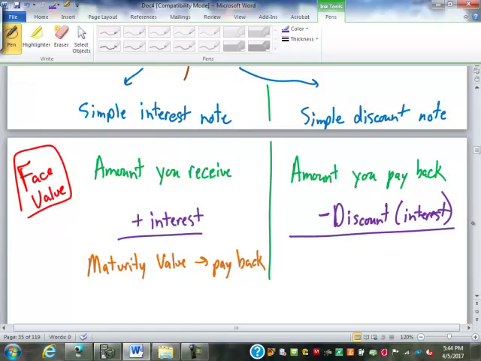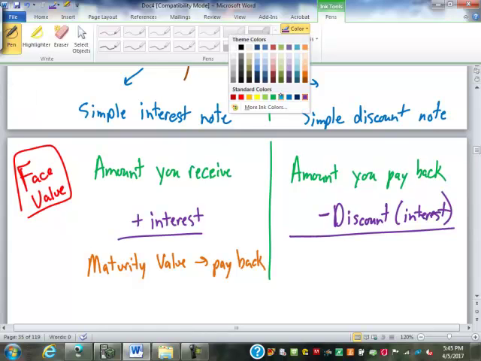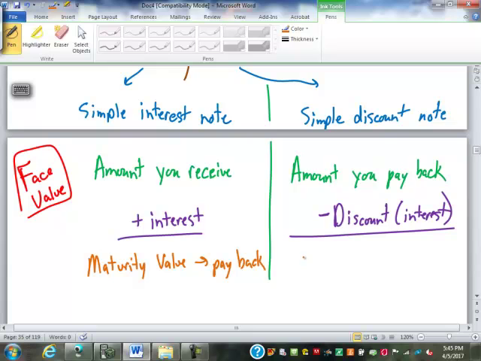But because we're deducting it, it's called a discount. And once you subtract the discount, that gives you the amount you receive, which is called the proceeds.